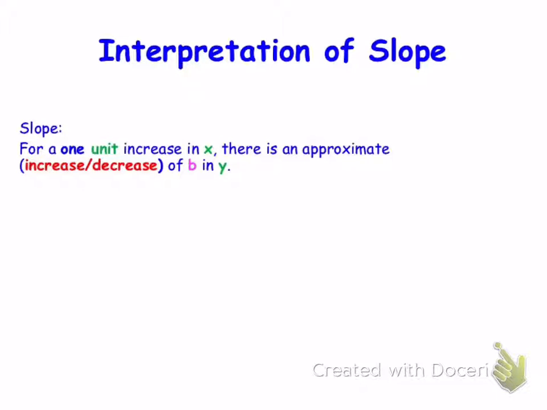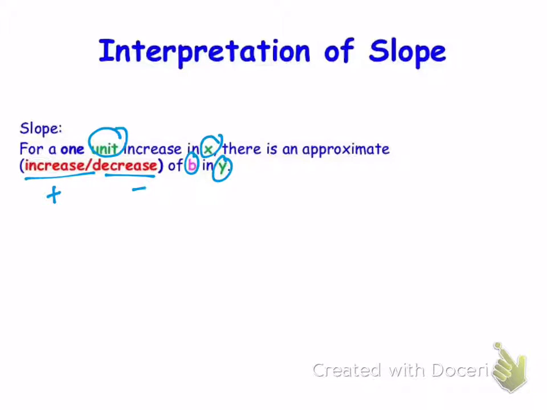So for every 1 point increase on a test, there is an approximate increase of 0.5, half an hour studied on the test or something like that. So you're inputting words here, here, here, here, and you're picking either increase or decrease based on the slope, positive or negative.